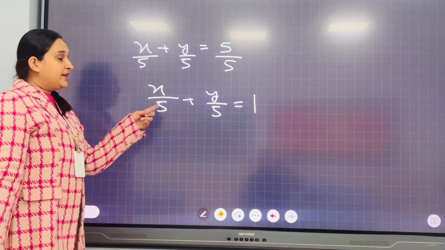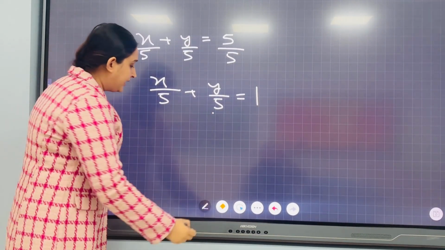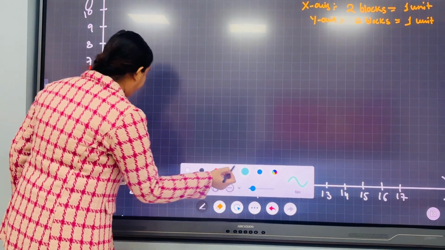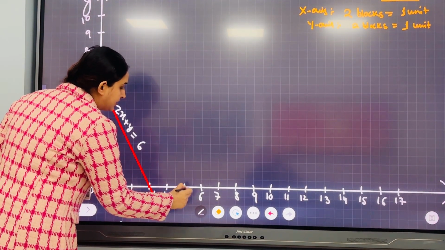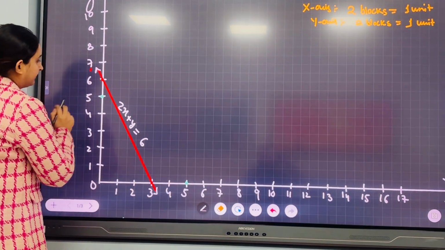What is the x-intercept? 5. What is the y-intercept? 5. So our graph is going to intersect the axes at 5 and 5. Now let's draw the graph for the same.